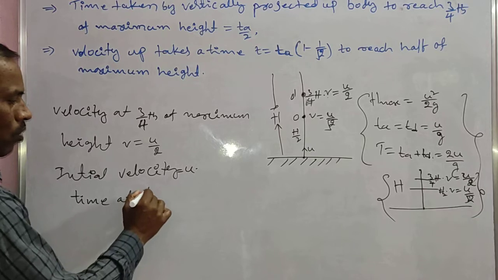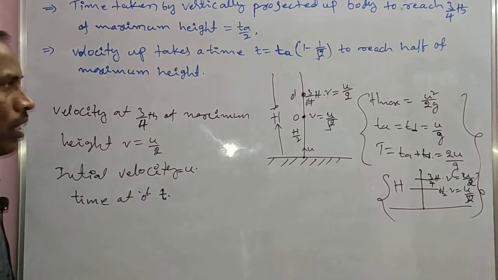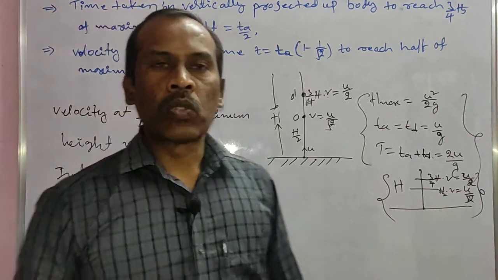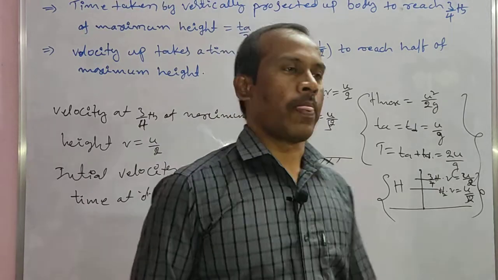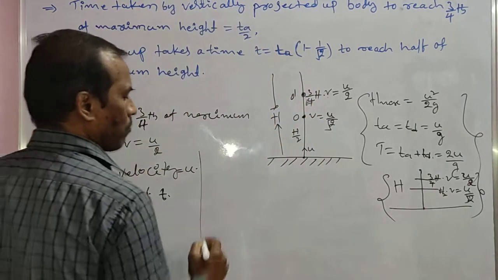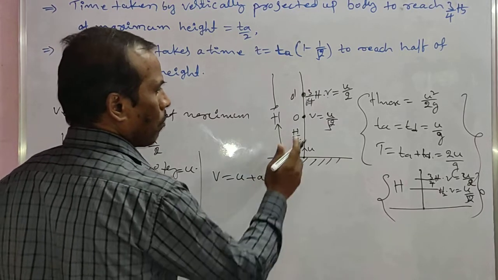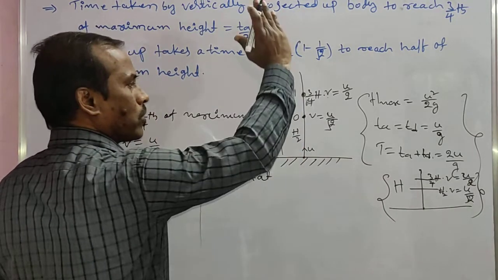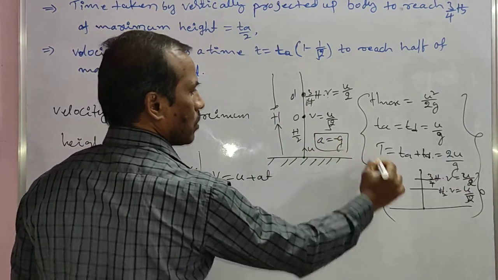Now, according to the first kinematic equation, v is equal to u plus at. The body is moving in the upward direction, so the acceleration a is equal to minus g.